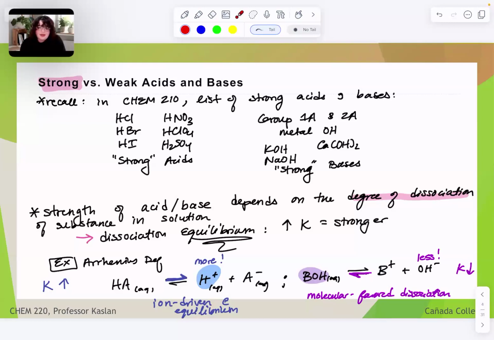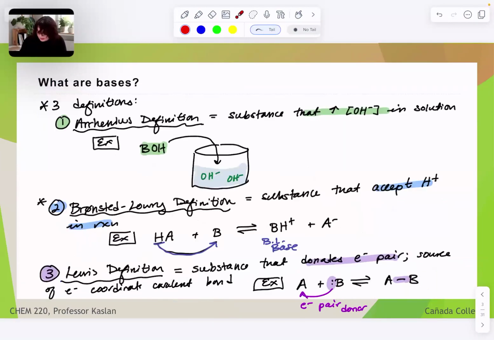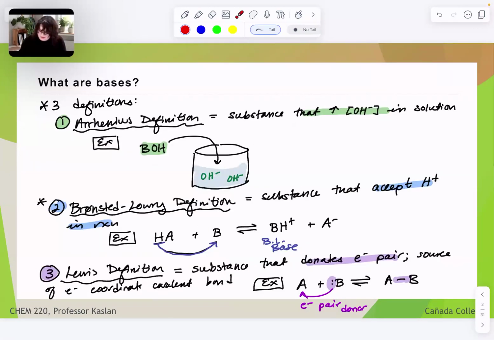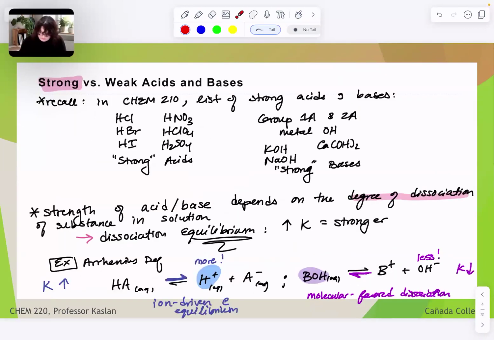Now, I said earlier that when we are looking at acids and bases in this class, we are going to be focusing on really the Bronsted-Lowry definition, right? And this is also true for this concept of dissociation.